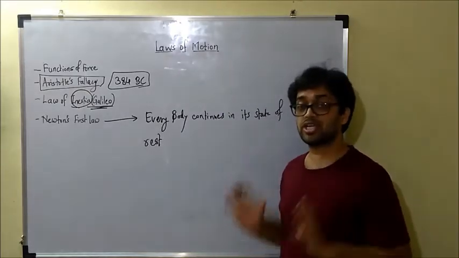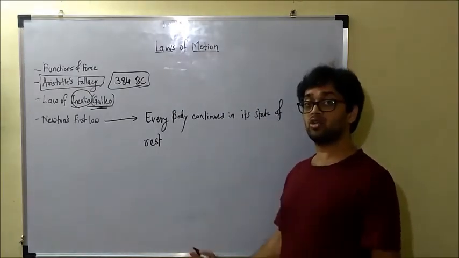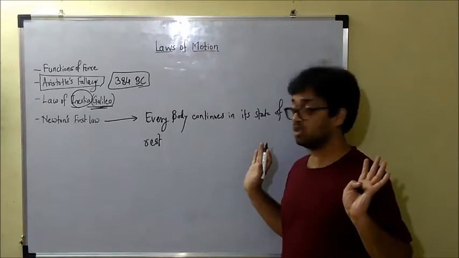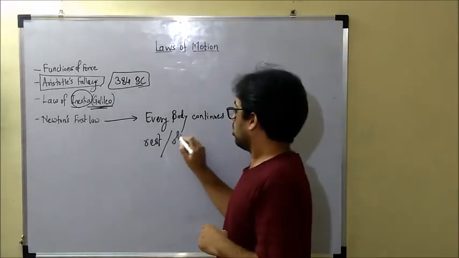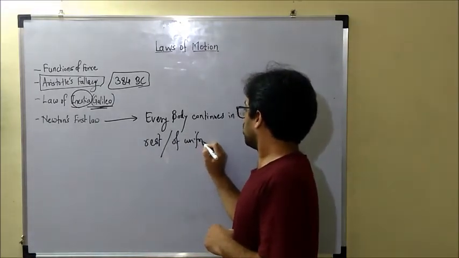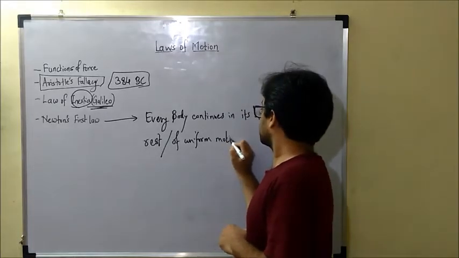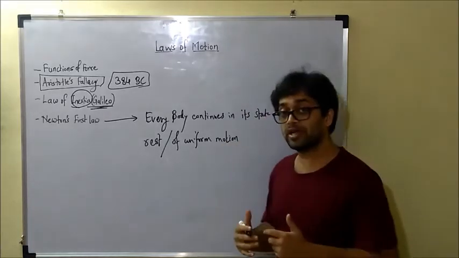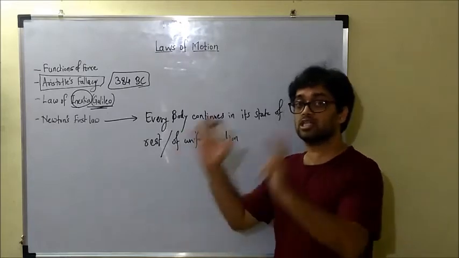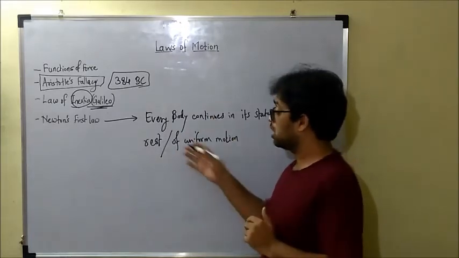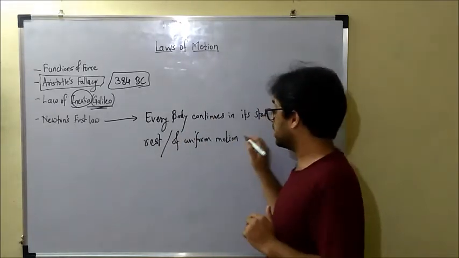State of rest is stationary. So every body will continue in its stationary position or of uniform motion. If the body is in uniform motion, it will continue to be in uniform motion. If it is at rest, it will continue to be at rest.